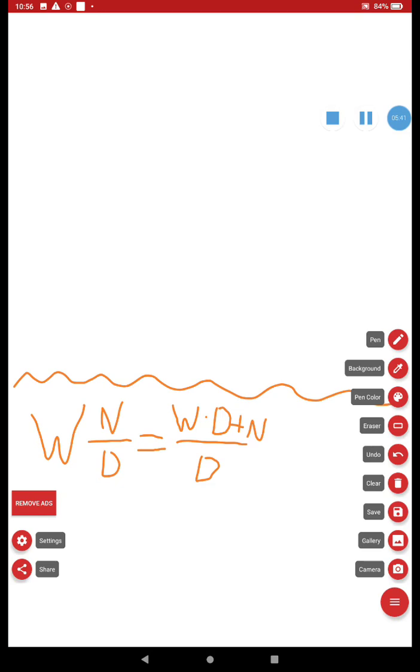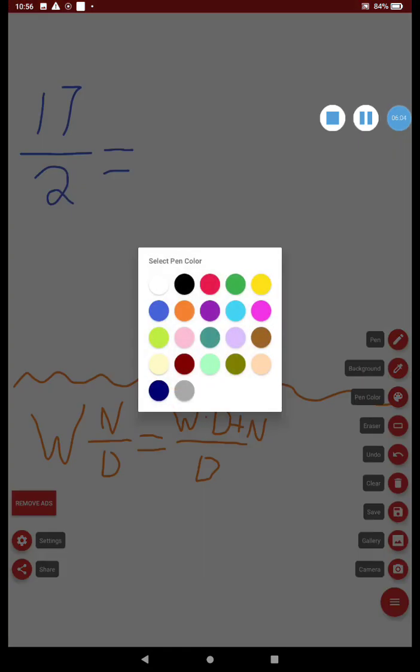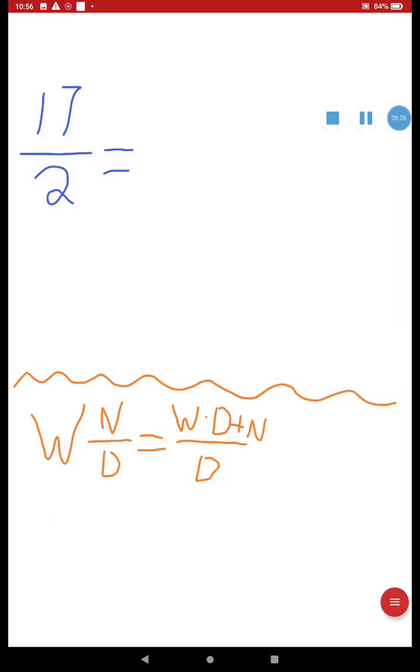Now let's look at an example where I need to take an improper fraction into a mixed number. I have 17 over 2. Well, what strategy do I use for that? It's the exact opposite of what we just wrote down here.